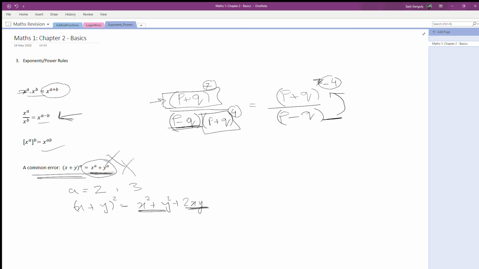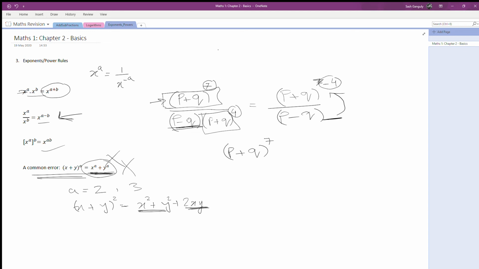Another way you can think of it is, this is nothing but p plus q to the power 7. I think there should be another rule for exponents, that is x to the power a is basically equal to 1 upon x to the power minus a. So if you reciprocate the number, in this case the fraction, then the power just gets a negative sign.